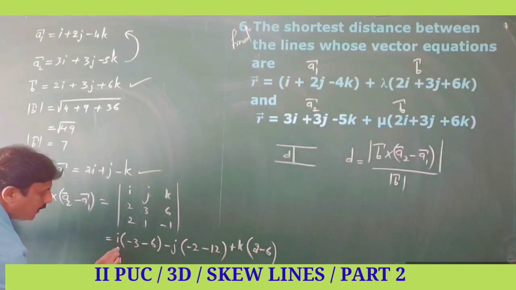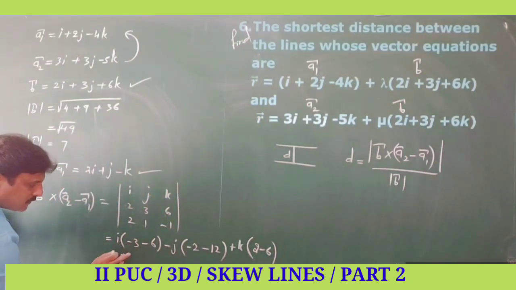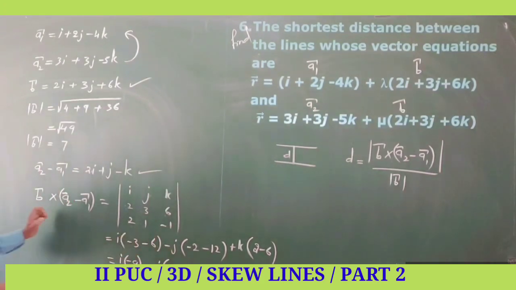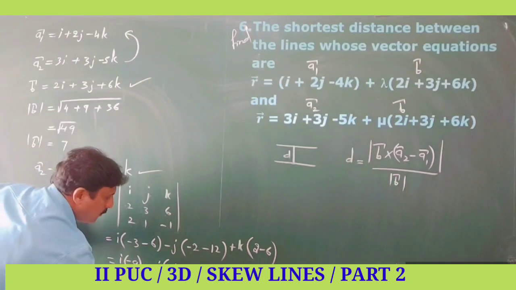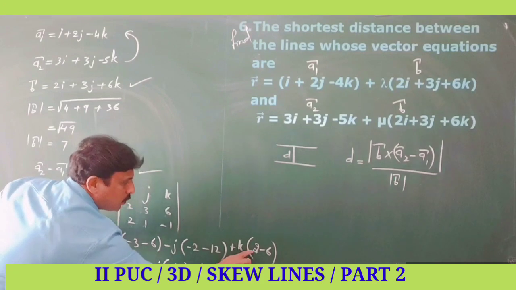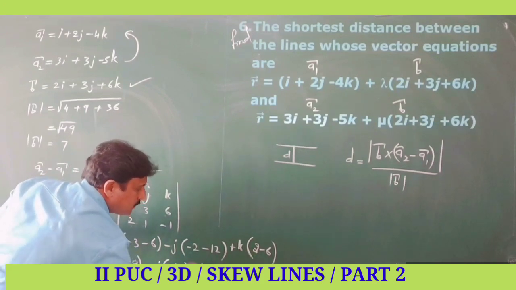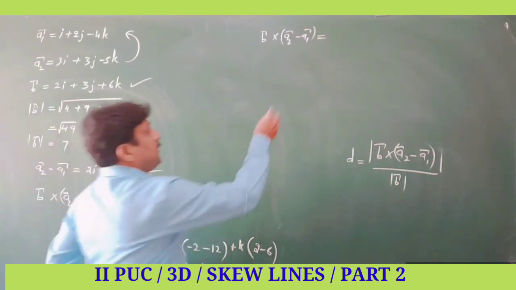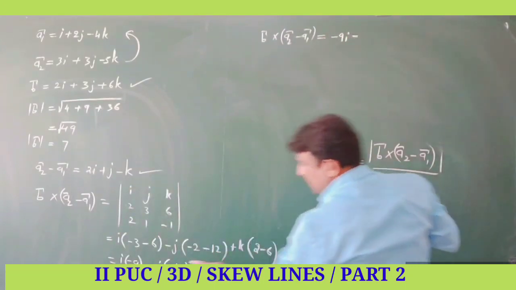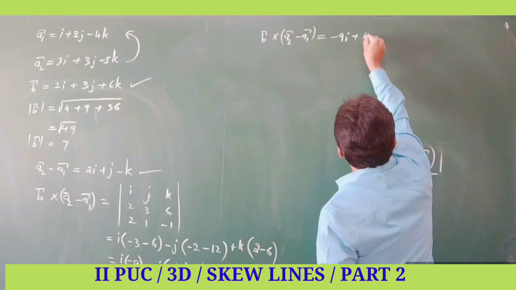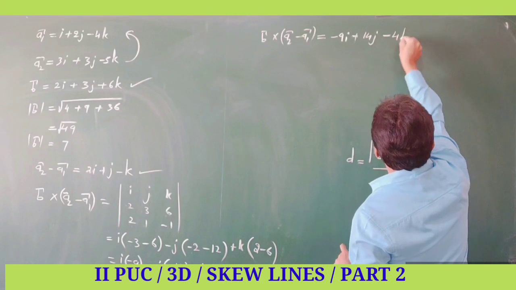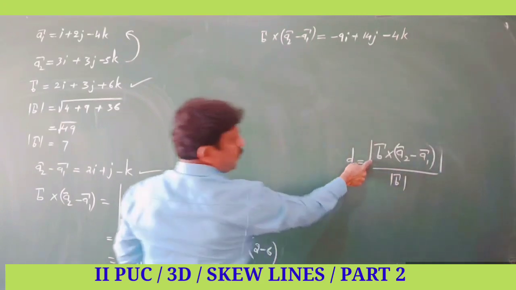Simplify. i into minus 3 minus 6 is minus 9, minus j into minus 2 minus 12 is minus 14, plus k into 2 minus 6 is minus 4. Multiplying, minus into minus is plus: minus 9i plus 14j minus 4k.